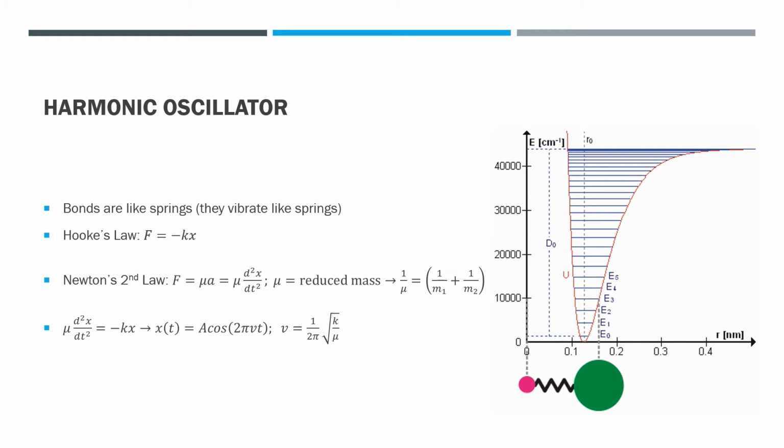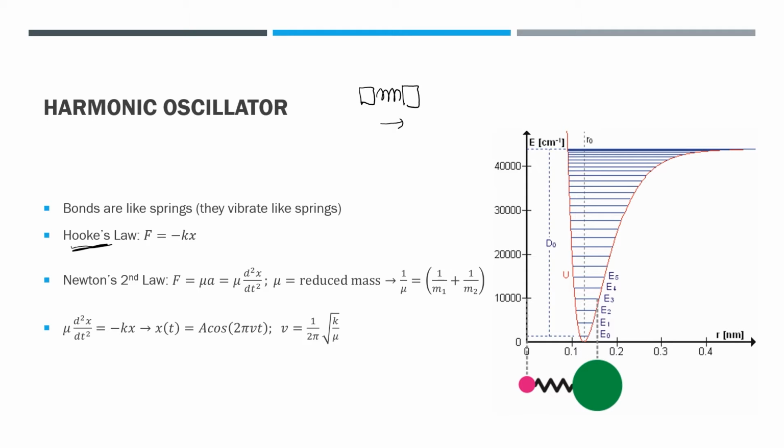We can model bonds as a harmonic oscillator, because bonds are basically like springs in that they vibrate very similarly to springs. So we can use the physics laws that describe springs to describe a bond. If we treat a bond like two masses on the ends of a spring, and say we compress this bond, so it is squished together, there's going to be a repulsive force, and this repulsive force is described by Hooke's law.